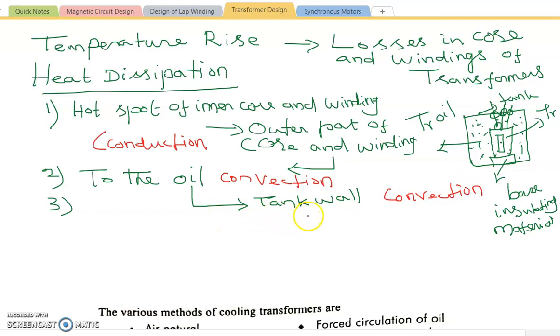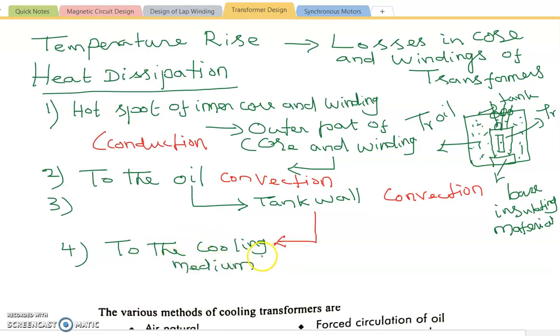And then from the transformer tank wall to the cooling medium or outer surface. Sometimes we will have transformer tubes, and the cooling medium will be water forced cooling, which we prefer in high power capacity transformers.